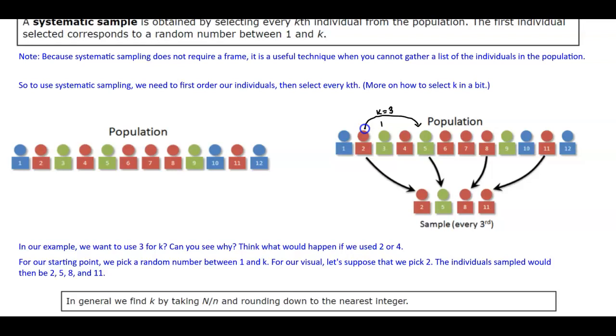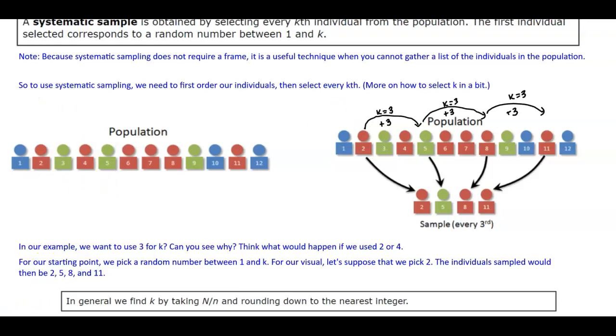When we add the 3, we get to 5. And again, every third member. We know that k is equal to 3, so we add 3 to the 5, and that gives us 8. And then likewise, we continue. We know that k is 3, so we add 3, and therefore that gives us 11.